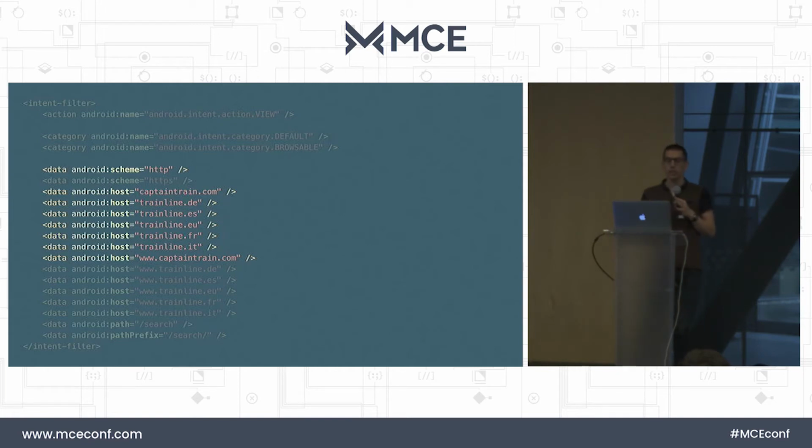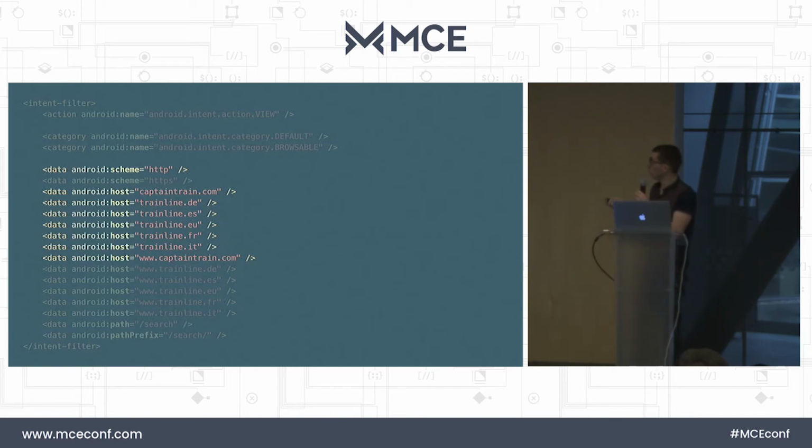The idea here is just to prevent bouncing, because we know that the server will redirect trainline.eu to the www variant. We know that it's not necessary to open Chrome, have Chrome redirect you to the correct link and then open the app. So instead of bouncing like this, you can directly put that in your manifest.